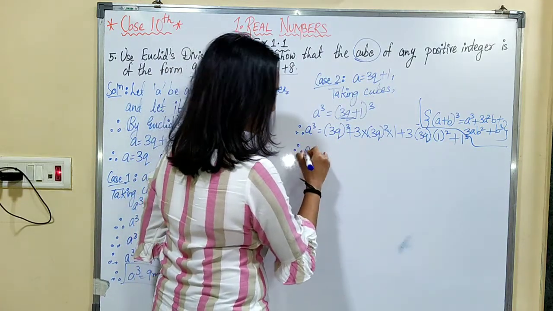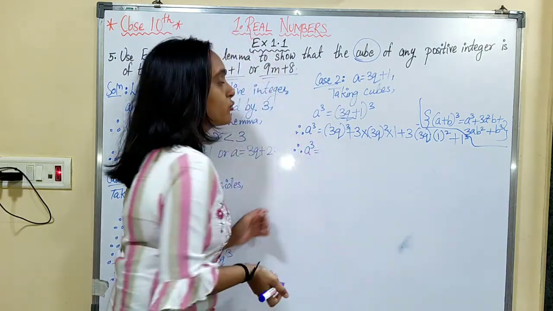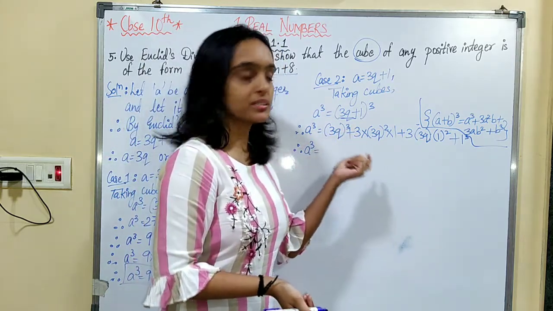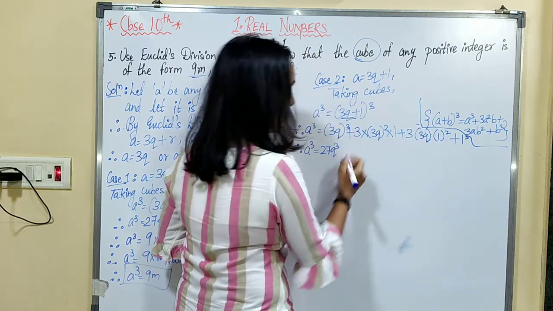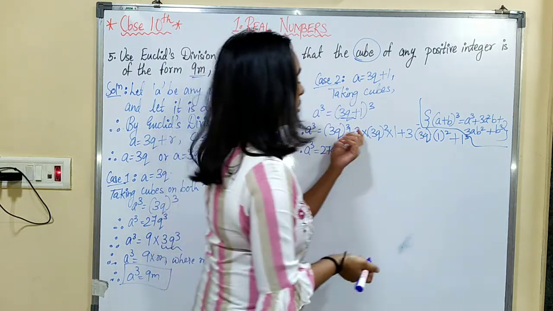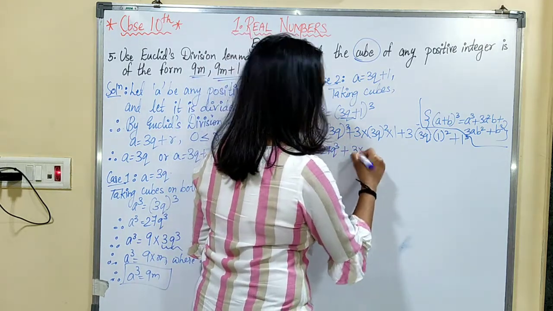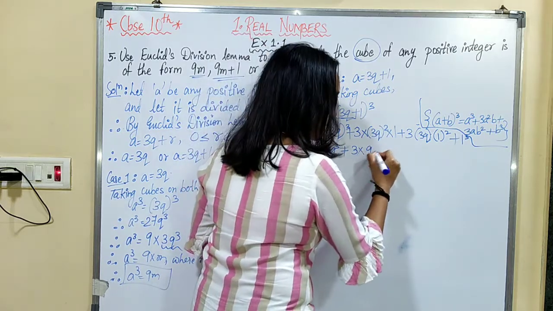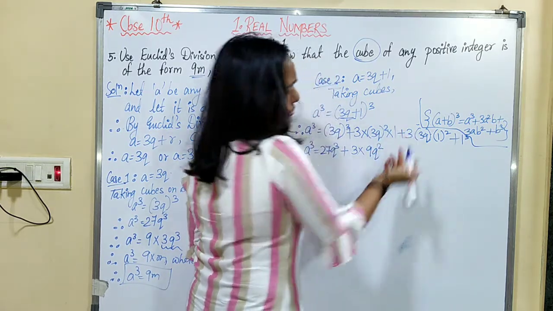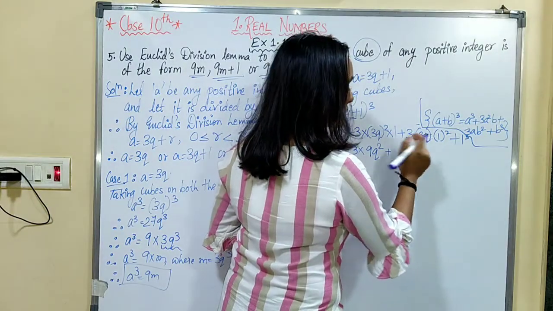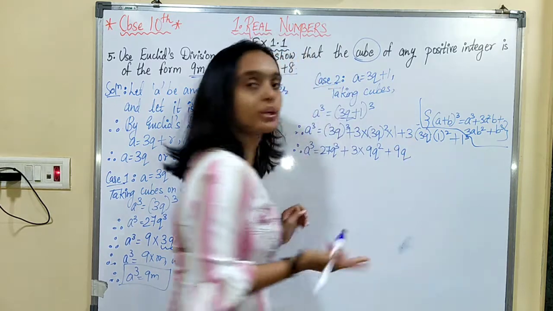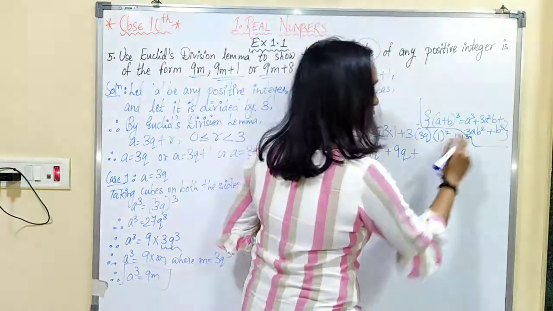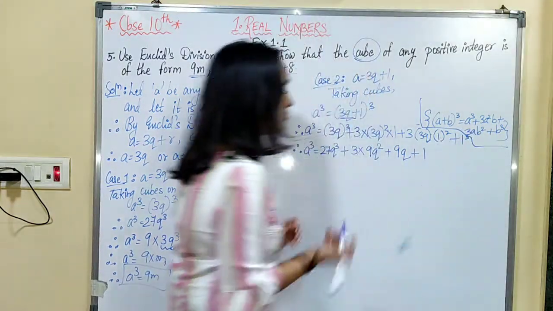Therefore, by simplifying it, what you get? 3 cube is 27, so 27q cube plus 3 multiplied by 3q square is 9q square and multiplied by 1 is same. So plus 3 times 3 is 9, 9q multiplied by 1 square is 1 only, plus 1 cube. So 1 cube is again 1.